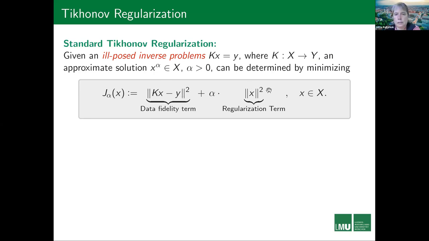And this is the term where you impose prior information, the so-called regularization term. This alpha balances between both. So depending on the value of alpha, when I minimize this sum, I put either more emphasis on this term or more emphasis on this term.